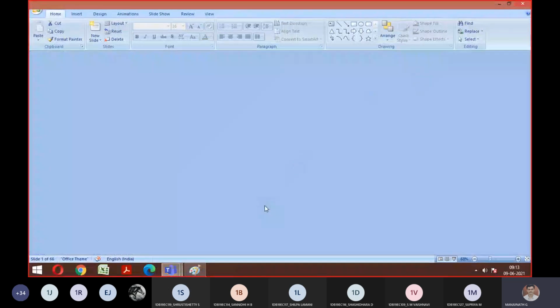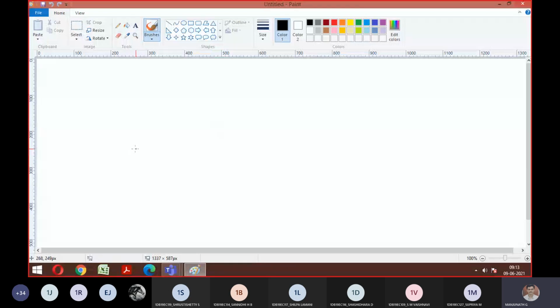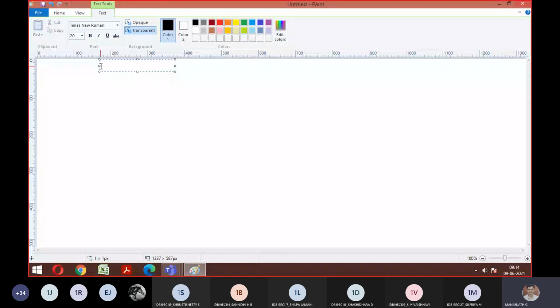So this is one category, and let me come to paint. You can take the heading, guys: definition of stability analysis. Now take the definition: analysis of whether the given system can reach steady state.